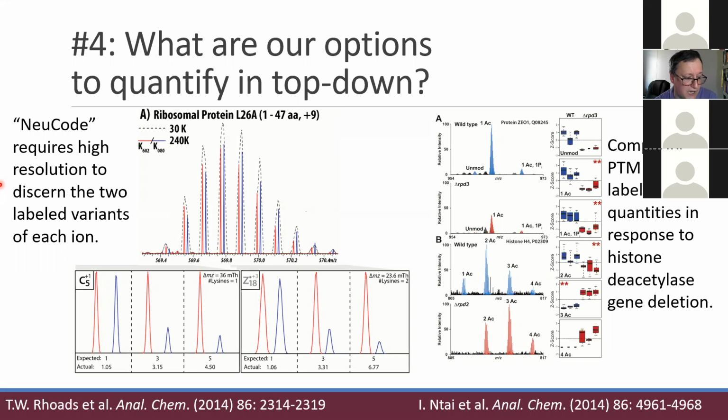Duncan asked, would modifications affect this? Yes, I would fully expect so. As we look at this slide right here, I think the slides are still showing up on screen, in this case you might conclude there's more of the double acetylated than of the triple acetylated or singly acetylated, and both of those are stronger than the quadruply acetylated. That's a really dangerous thing to say because ionization can change when you add modifications.